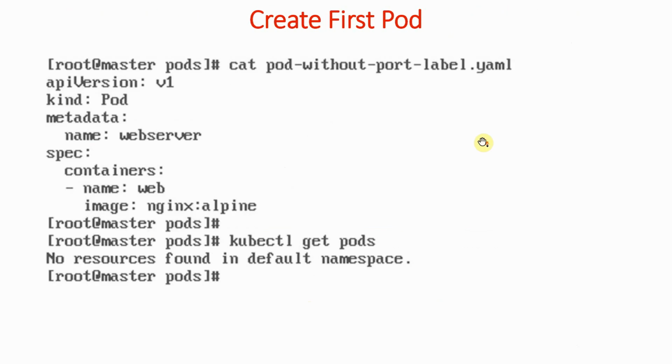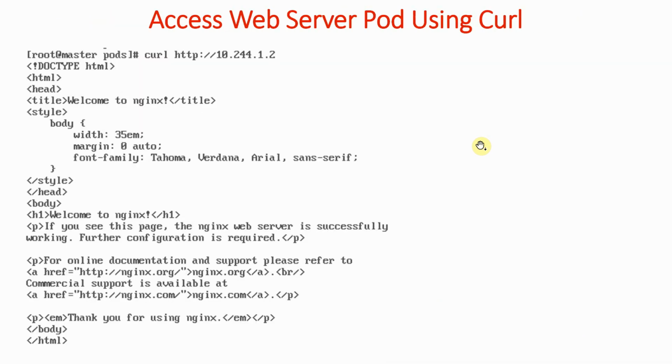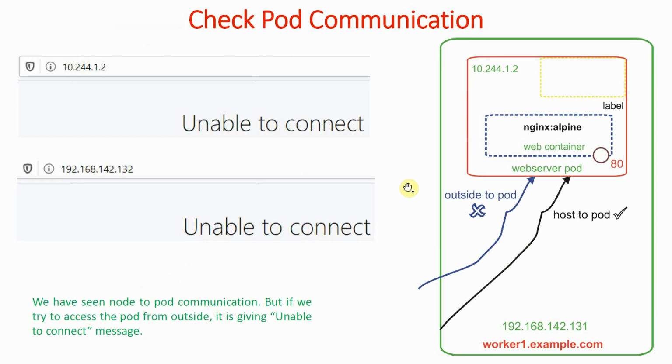So let us see it diagrammatically, because understanding networking is very critical. So what is the message when we run this from outside? It is saying unable to connect. And if I type any of those three addresses, whether 132 or 131 or 138, what is it saying? Unable to connect. So we have seen node to pod communication.